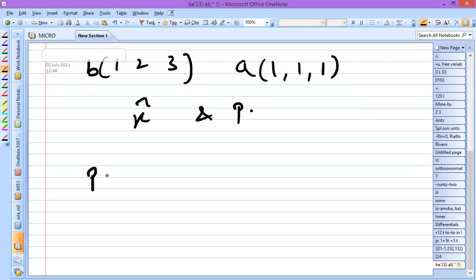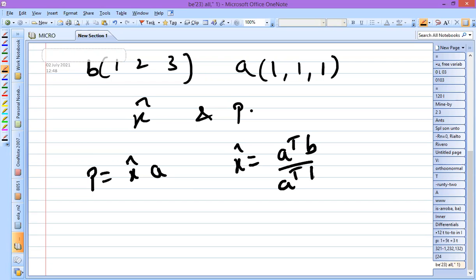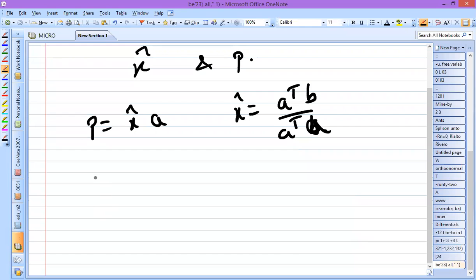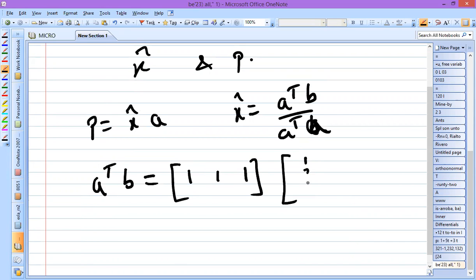So P is equal to x into a, right? And what is x? A transpose b by A transpose A. There is no change here. See how much A transpose b comes, and how much A transpose A comes. A transpose b: A transpose is 1 1 1 and b is 1 2 3 here.